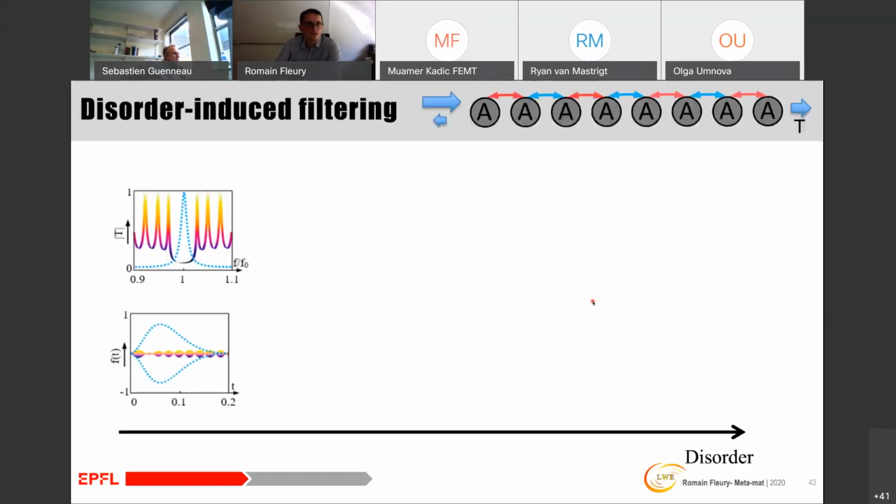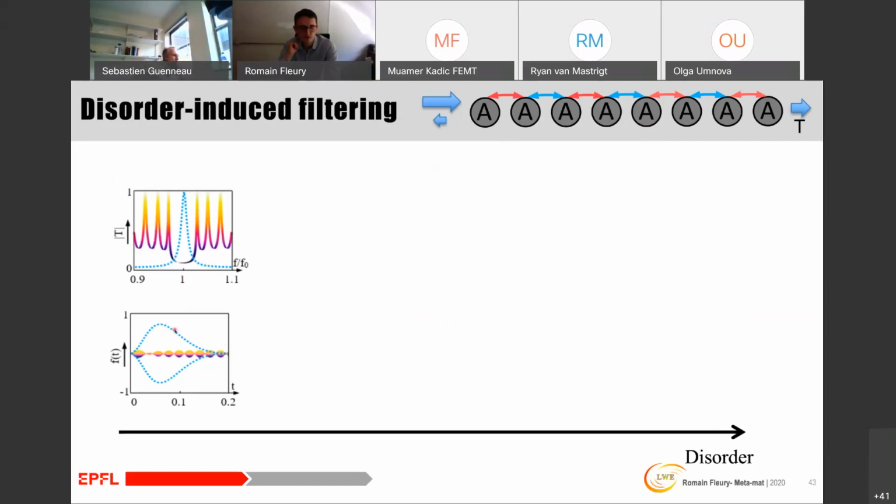So let's see how it goes. I take a finite system, I send some wave from the left, and I look at the transmission. If there's no disorder, this is a trivial insulator. So I see some Bloch modes, Bloch resonances, and a band gap. And what I want is a peak here. What I want is this transfer function. It doesn't exist without disorder, so my output is very far from what I want to do on my signal.